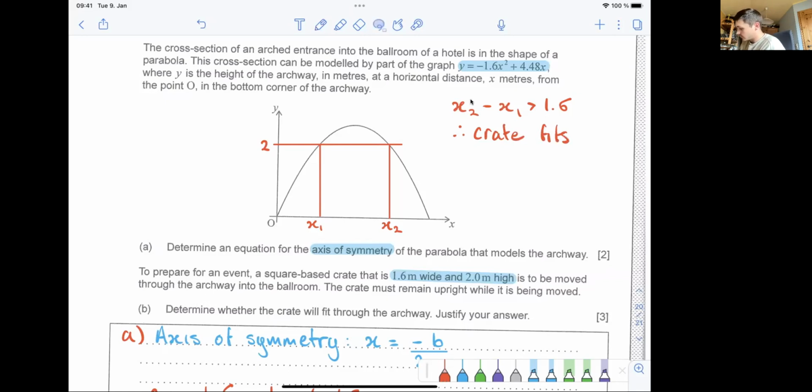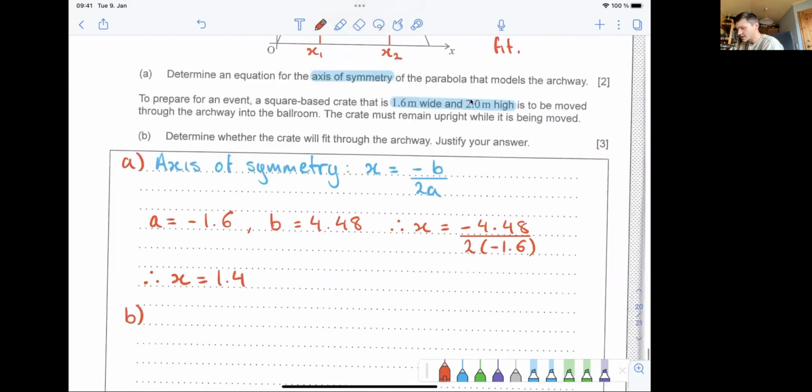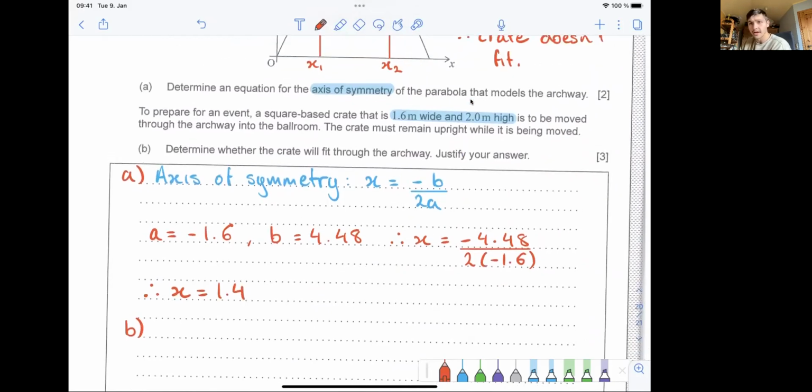And if it's less than 1.6, we'll write the crate doesn't fit. That will be our conclusion. So let's go find this out, and I'm going to bring you over to Desmos. It's slightly easier to visualize, but do find out how to do these graphs and find these intercepts on your own calculator.